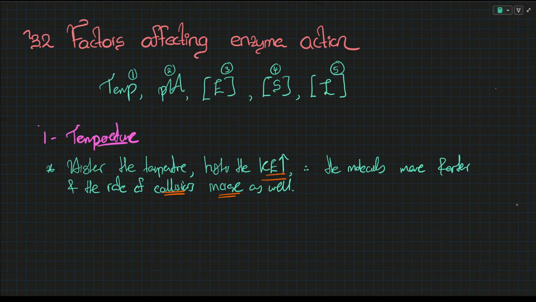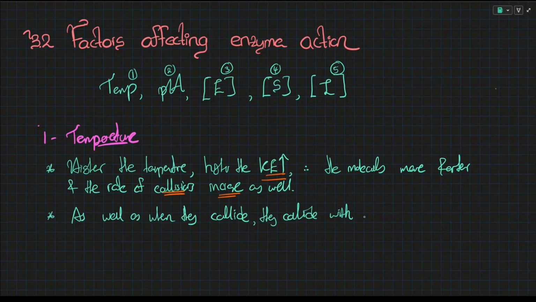More collisions. There's something else that's going to play into this as well. Now, when they collide, they have a lot of energy at high temperature. When they collide with residual energy, enough residual energy. What do you mean by residual energy? Extra energy.